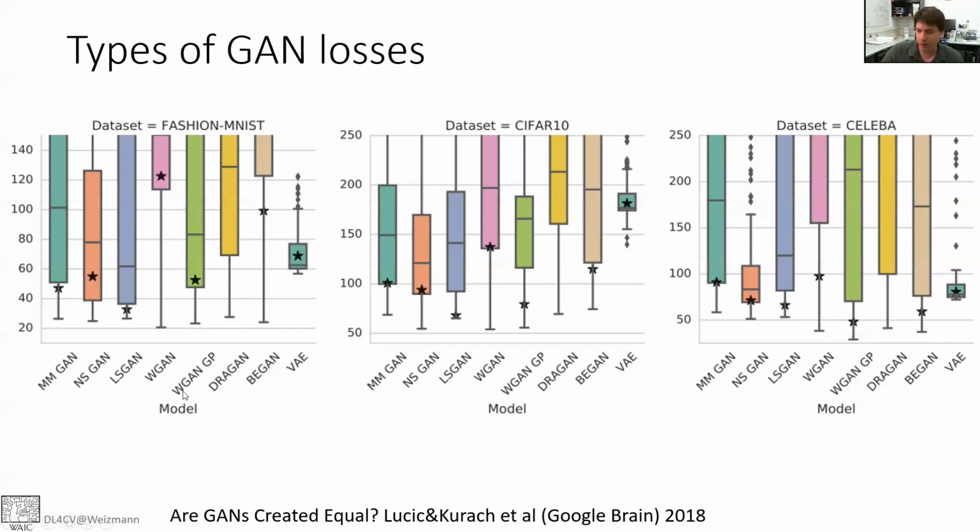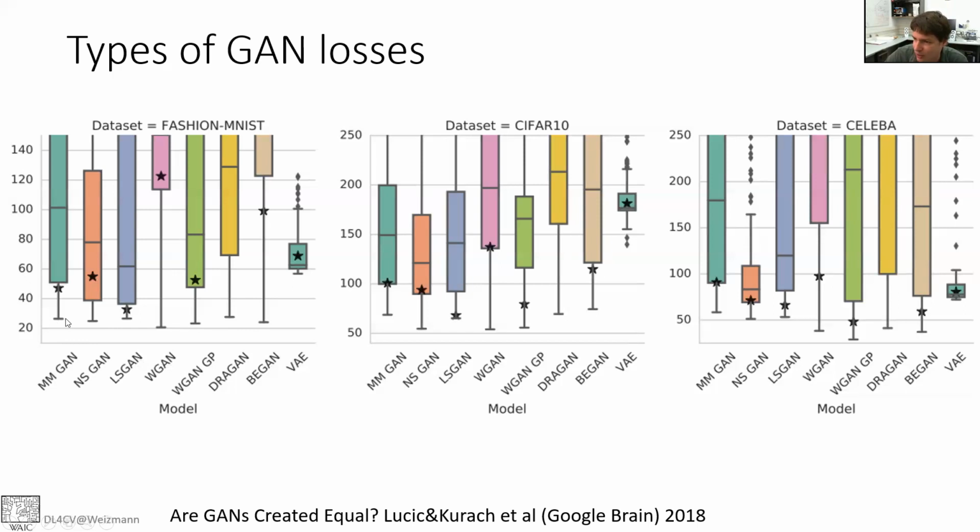And they were checking what affects better. And the really sad conclusion that rises up when you look at this plot, you see all these methods, you see that clearly there isn't one method that dominates another. So for example, let's look at this Fashion MNIST here. If you take the best performance that they could reach after thousands of experiments, you can see that more or less all the GANs, the basic one and the LSGAN and the Wasserstein GAN, the best results of all of them is very, very close, almost the same.